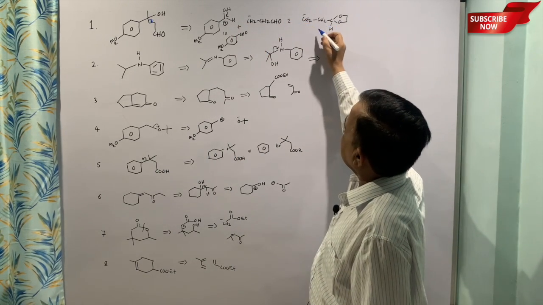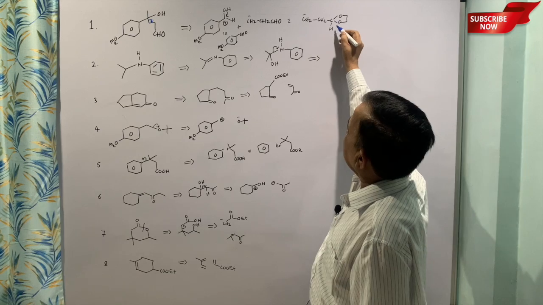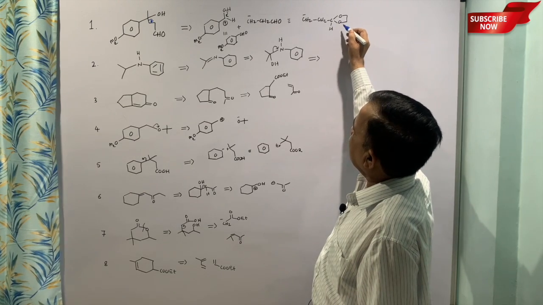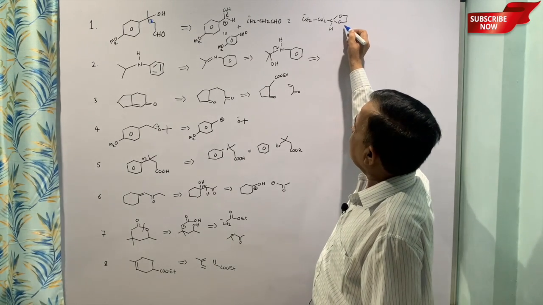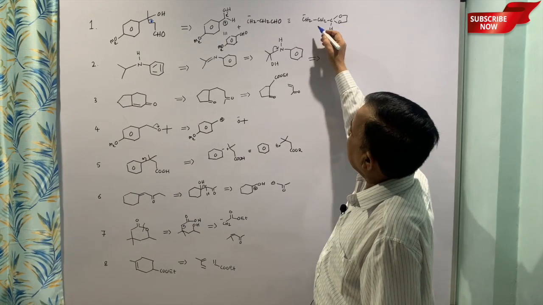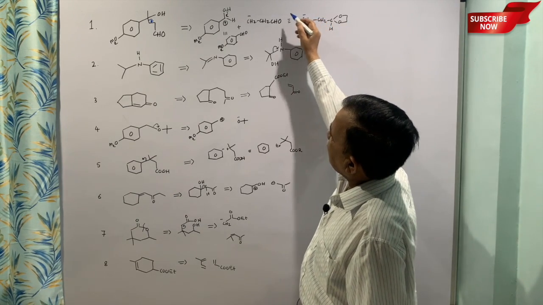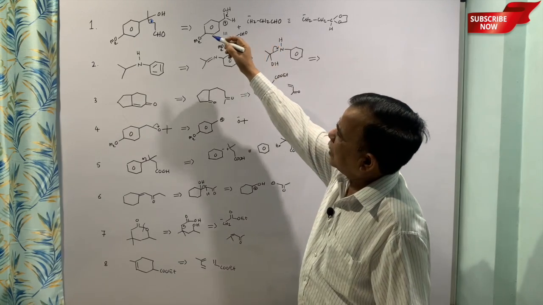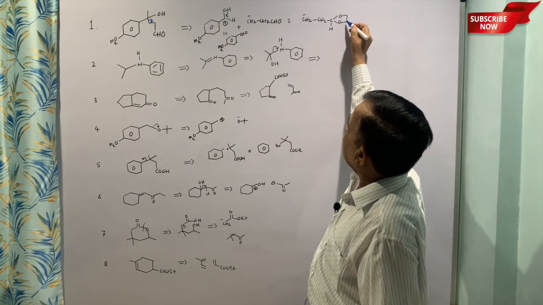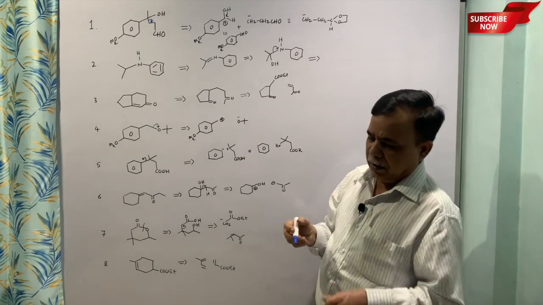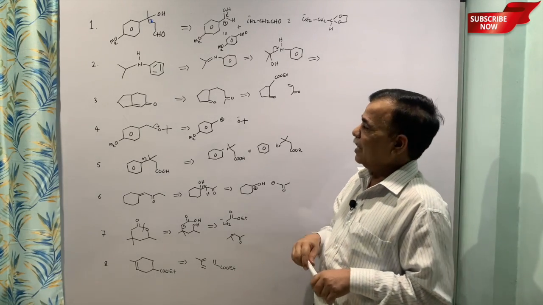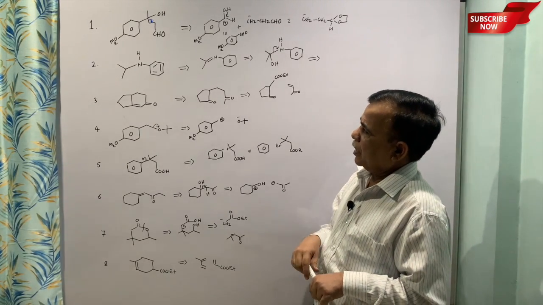This is a carbanion, but the aldehyde group must be protected as acetal, and then this carbanion can add to the aldehyde and you can get an alcohol, and later on the removal of this group can give us the target molecule.